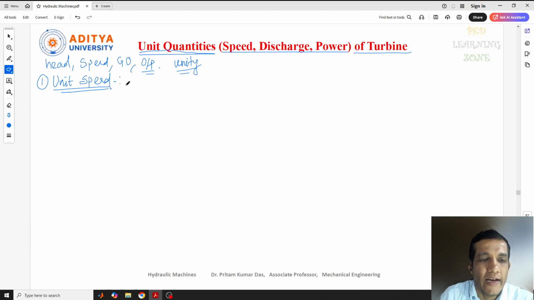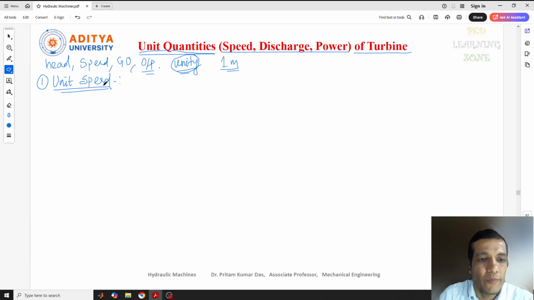Unit speed is defined as the speed of a turbine when it is working under a unit head. As I told you, unity means we need to test or identify the performance of the turbine under unit head. Unit head means one single head, 1 meter.